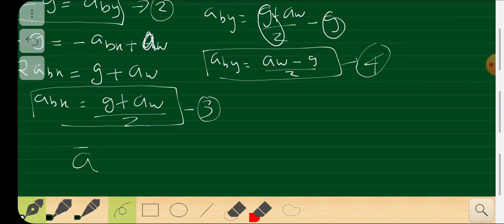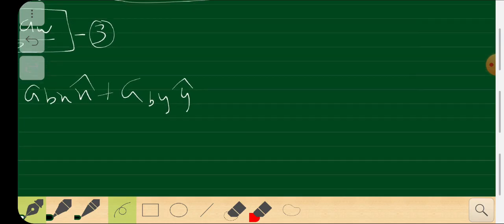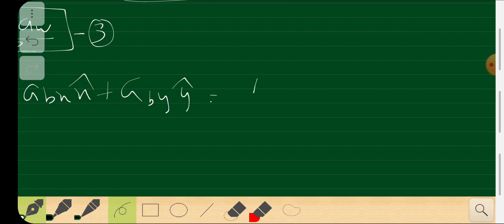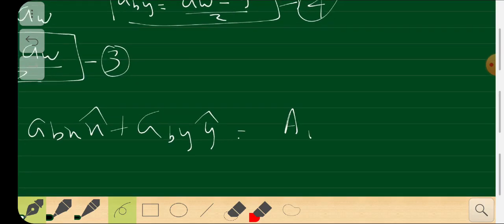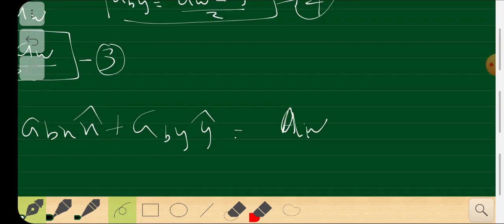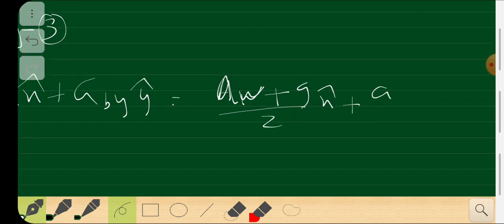So the acceleration vector for the box is equal to abx in the x cap direction plus aby in the y cap direction, and I can substitute those values: aw plus g by 2 in the x cap plus aw minus g by 2 in the y cap direction.